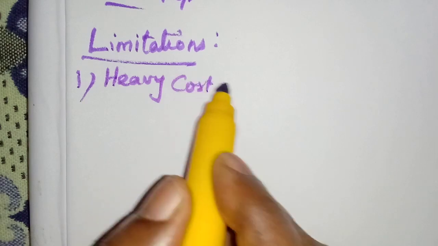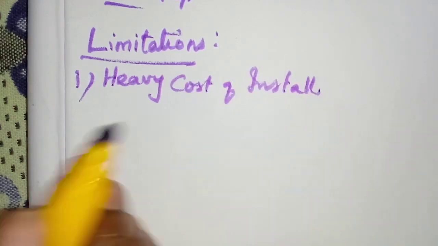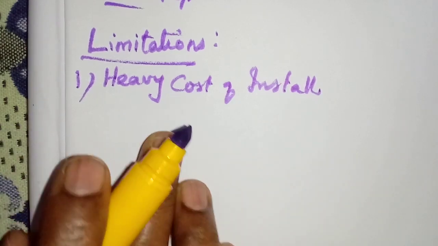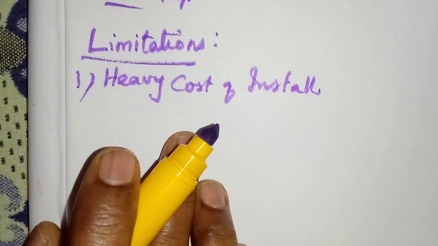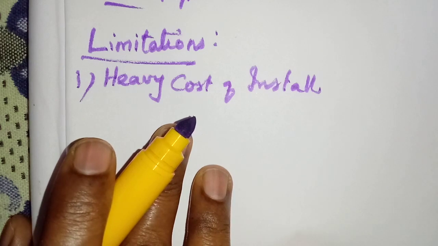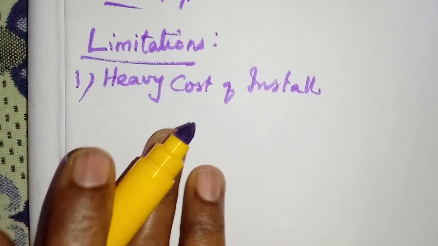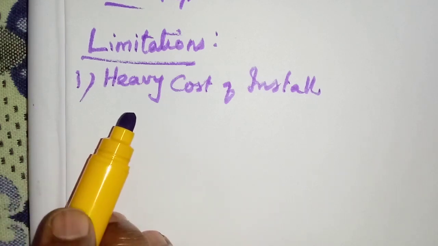First one is the heavy cost of installation. To install computers, they need a heavy cost, isn't it? But to appoint a person as accountant or office staff, whoever it is, to do the accounting work, it is not much cost.